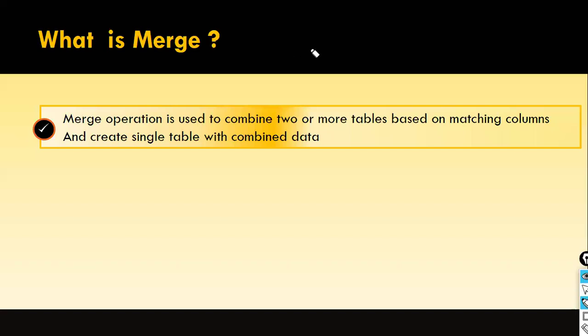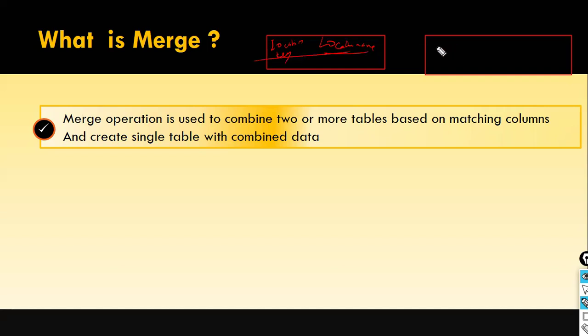For example, let's say this is my one data set and this is my another data set. Here I have the location key column available, and the location name is available.